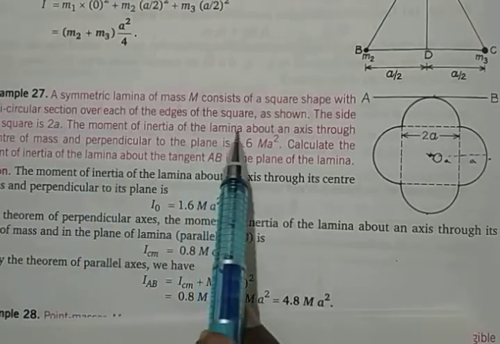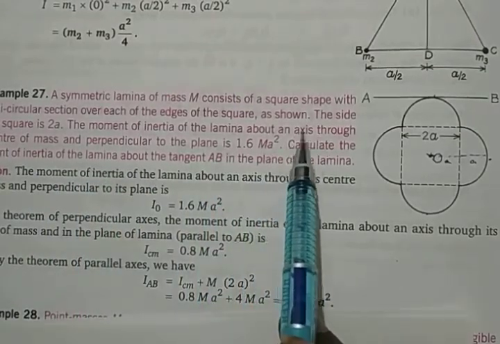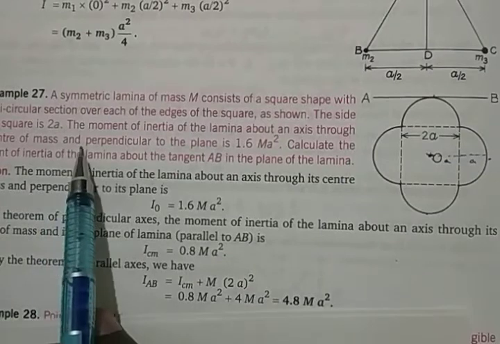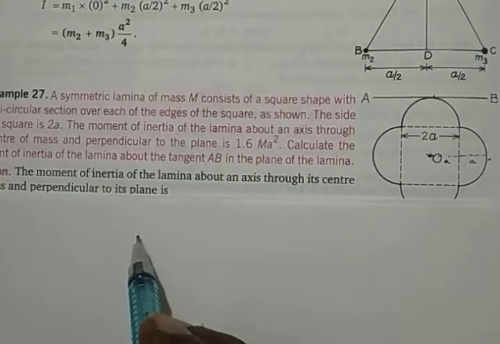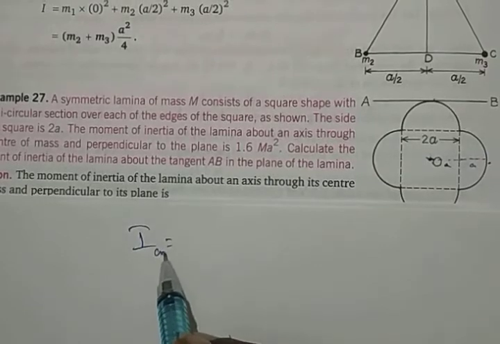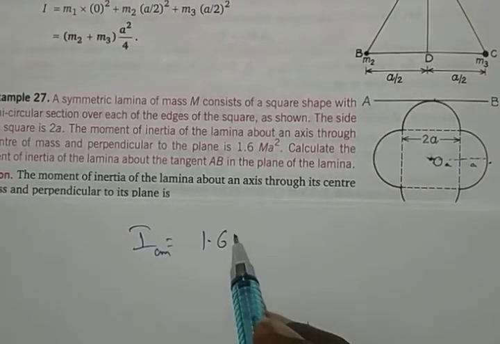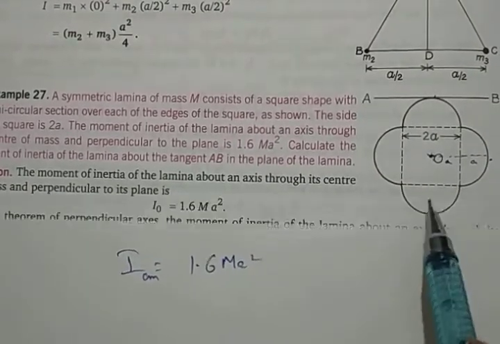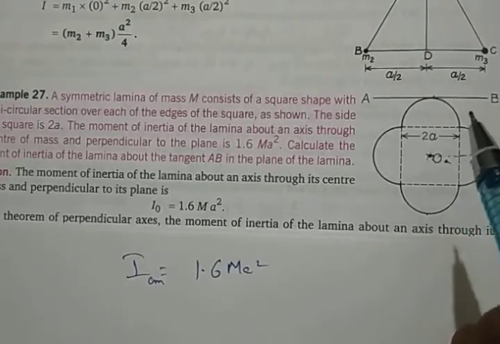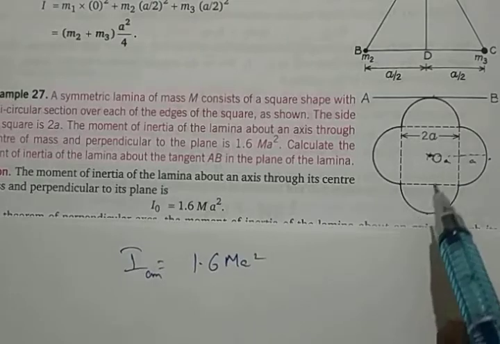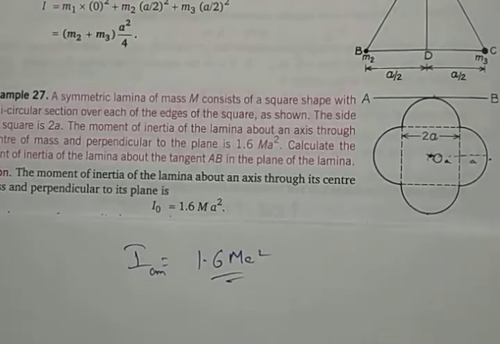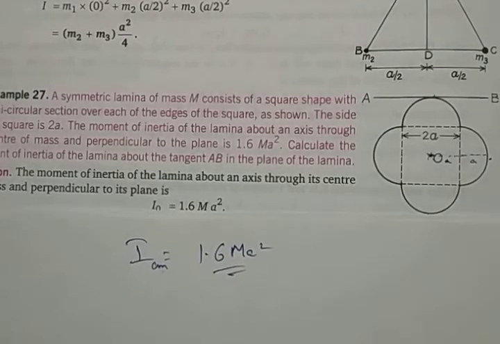The moment of inertia of the lamina about an axis through the center of mass and perpendicular to the plane is 1.6 Ma square. So I center of mass is going to be equal to 1.6 Ma square. That means if you put a straight axis going through and then going down, then it is this value. This is given here, right?